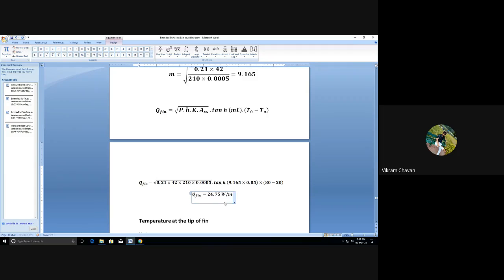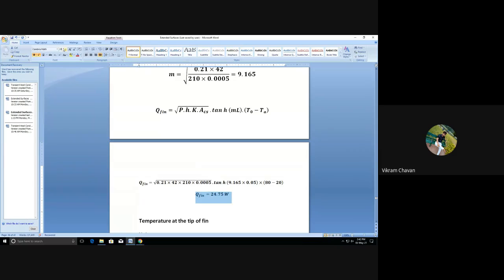Since it is a heat transfer, its unit is watt only. Q fin is in watt only.